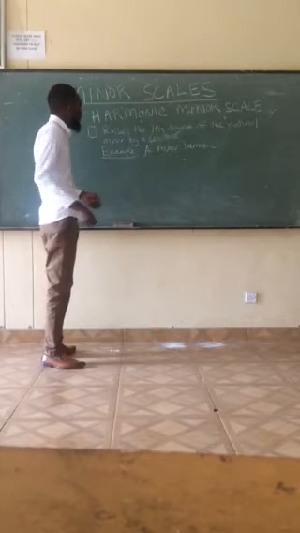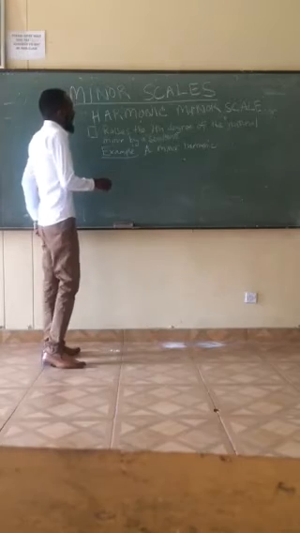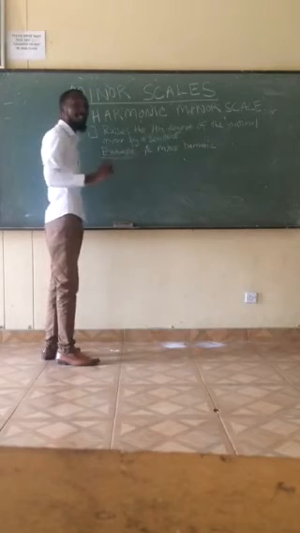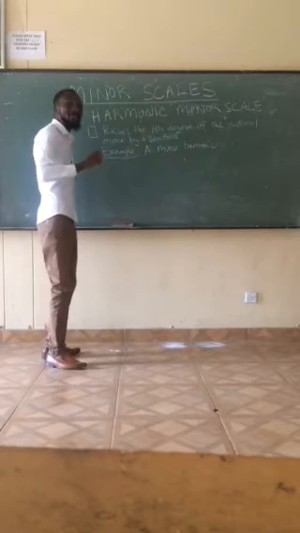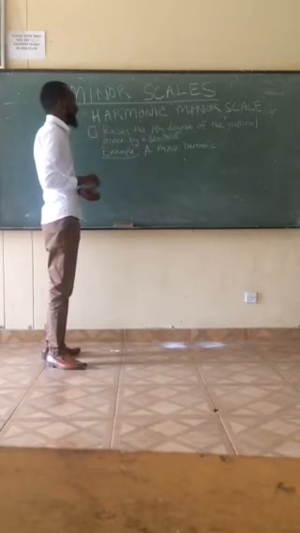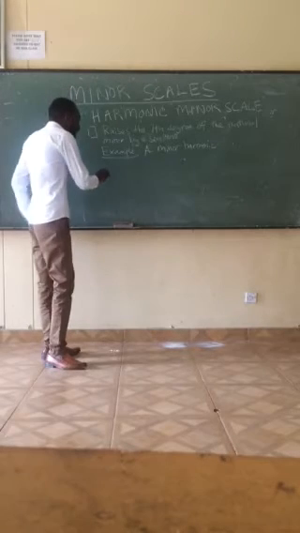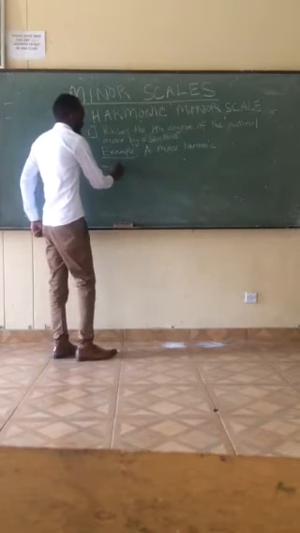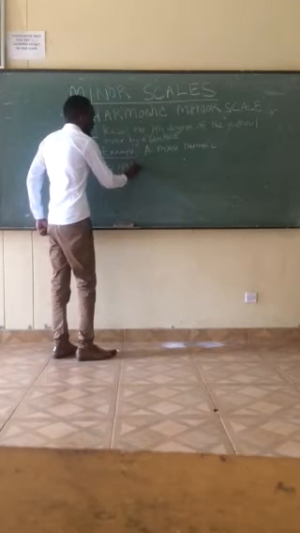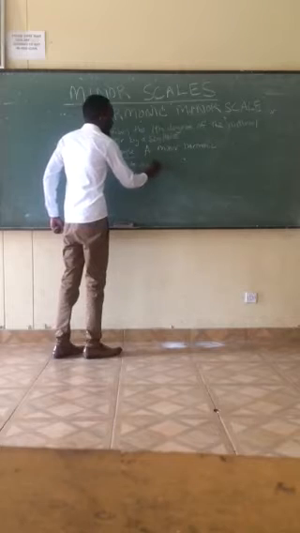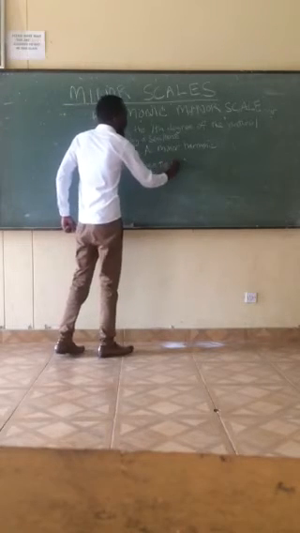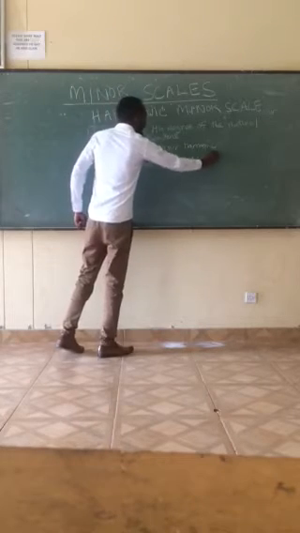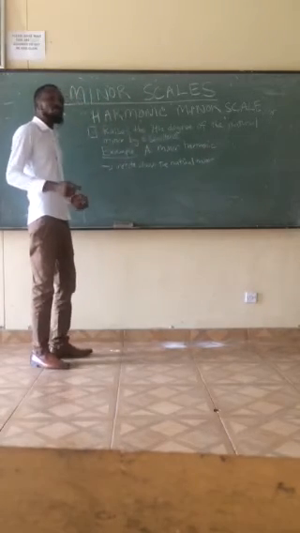They are sometimes used interchangeably. We want to construct the harmonic form of A minor, or the A minor harmonic. The first step is to write down the natural minor.